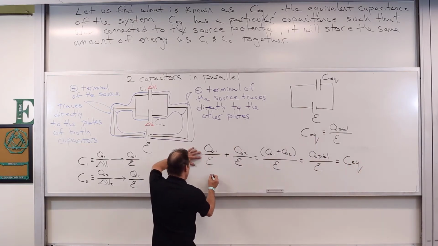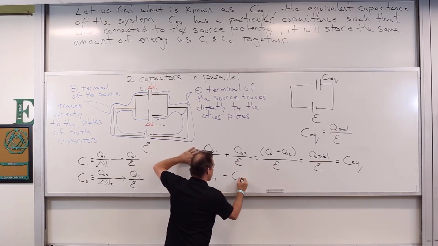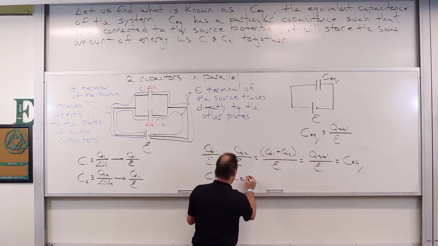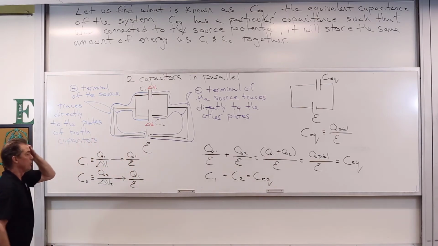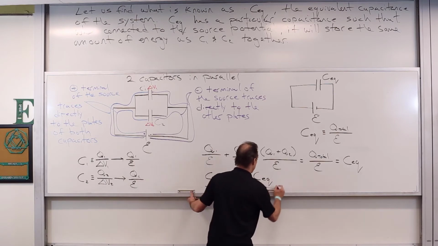Well, this here, this is the definition of C1. This is the definition of C2, and if indeed these two add together to give us Q total, we've got that C1 plus C2 is CEQ. That all seems very reasonable, does it not?